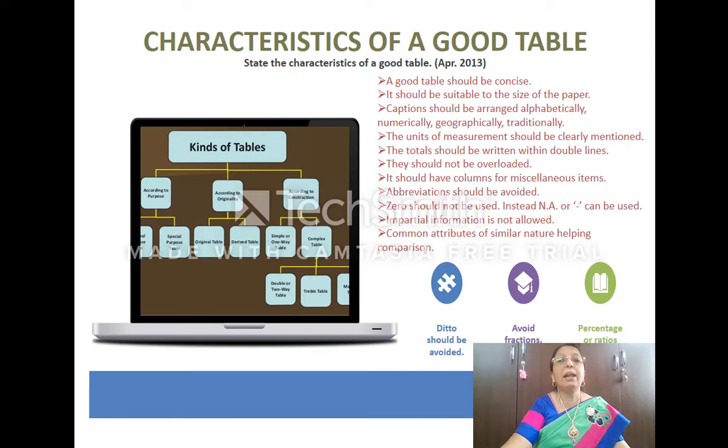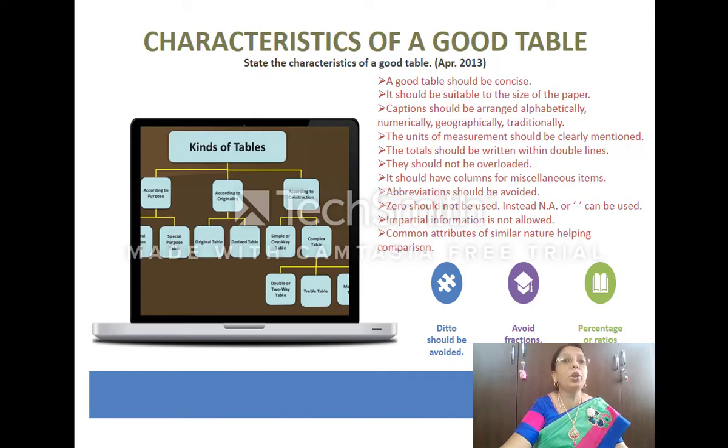Captions should be arranged alphabetically. Every column and every row will have a caption, a title. It should be either alphabetical, numerical, geographical, or any traditional method. The units of measurement should be clear, whether it is meters, kilometers, kilograms, whatever units. The total should be written within double lines.